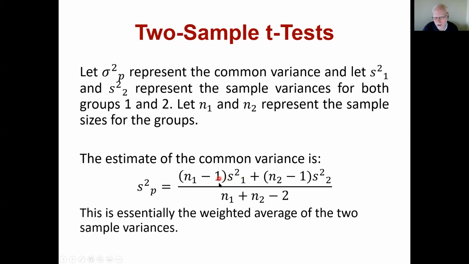Be careful if I'm giving you the standard deviation. The variance is just the square of the standard deviation. So if I give you the standard deviation, just be careful, you've got to square it. So with a calculator, this is actually really easy to do. And so you end up with the common variance.